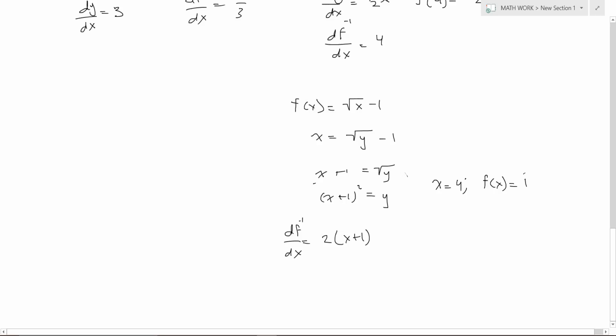Now we take f prime of 1, so we have to evaluate at f of a, which is 1. So 2 times 2 equals 4. And that's what we got up here.